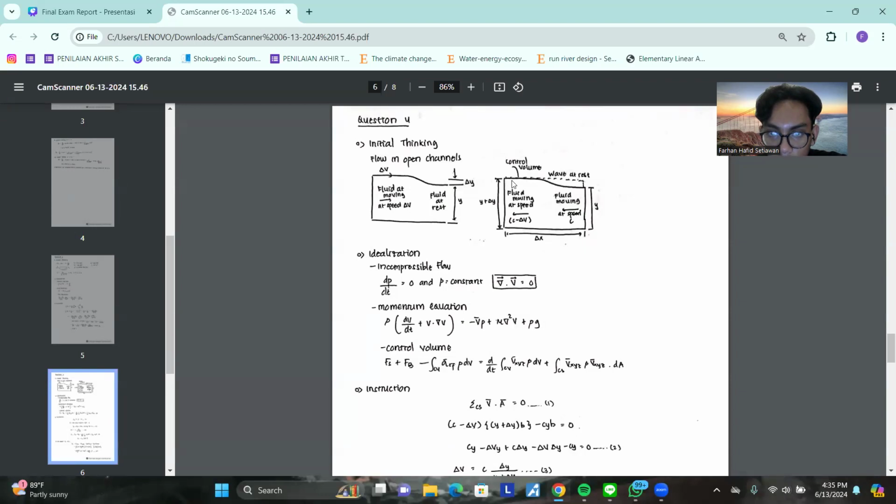Nah, akuarium itu disebut control volume, dan wave at rest-nya itu karena dia terbatas oleh control volume tersebut, itu malah me-reverse the initial fluid speed dan moving-nya gitu loh.